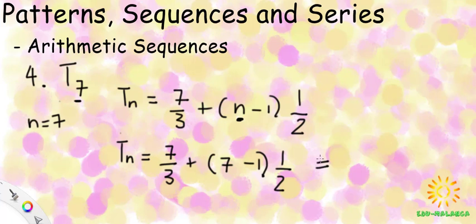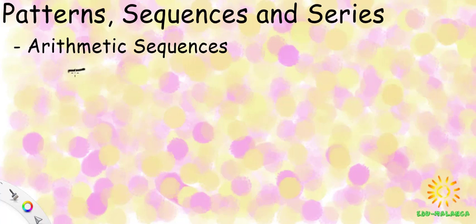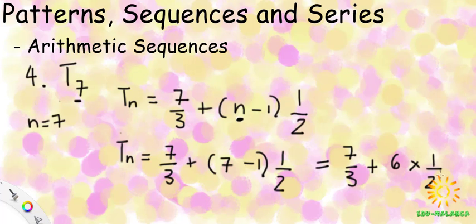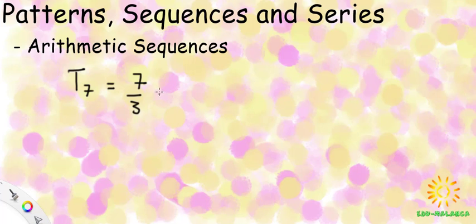With bracket simplification, 7 minus 1 is 6, times 1 over 2. The equation then becomes T7 is equal to 7 over 3 plus 6 times 1 over 2, which is 6 over 2. 6 over 2 can be simplified into 3.